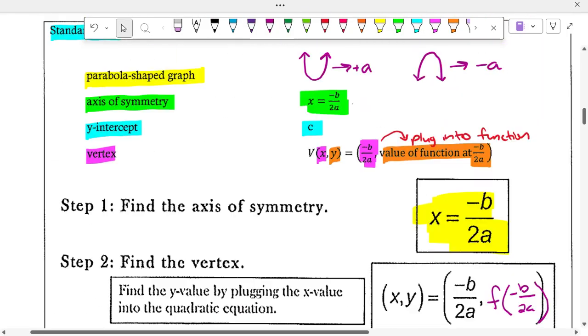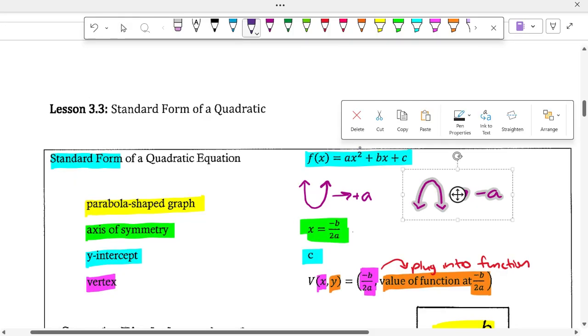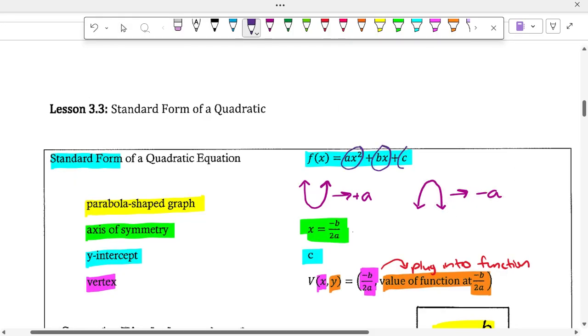Well, if we look at the original standard form, A, B, and C are always consistent with the variable connected to them. So A is always connected to the x squared. B is always connected to the x, and C is always by itself. So if you don't have an x value, you technically don't have a b value. It's 0.